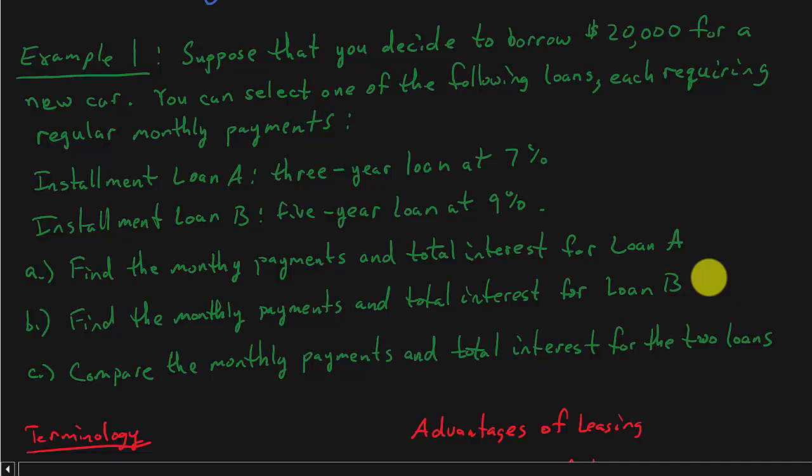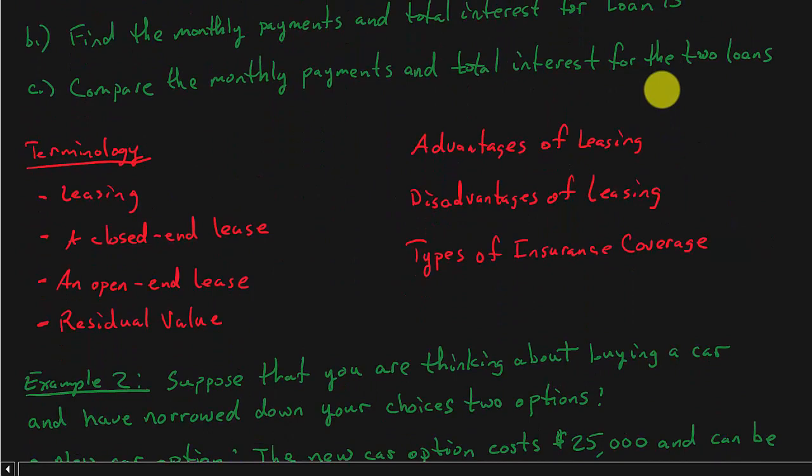Installment loan B, which is a 5-year loan at 9%. They want us to find the monthly payments and total interest for loan A, find the same thing for loan B, and then compare the monthly payments and total interest for the two loans.